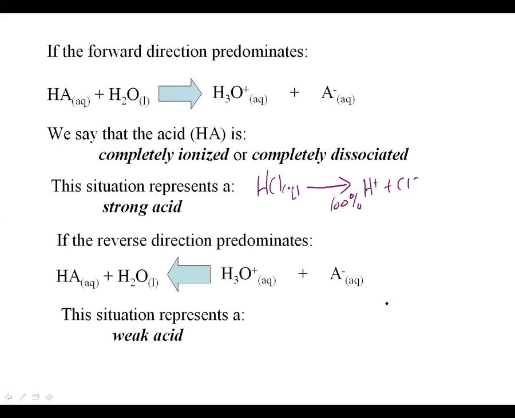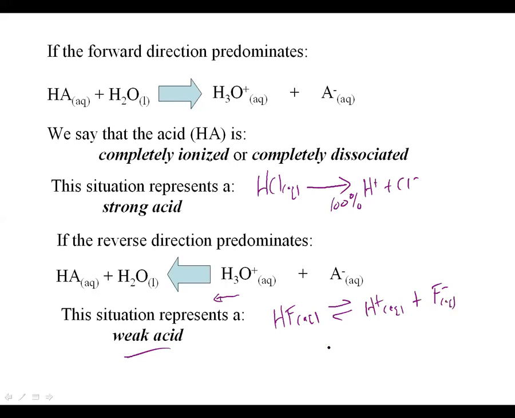And obviously, if the reverse reaction predominates, that means you have a weak acid like the ones we just saw on the previous page, like hydrofluoric acid, even though it is producing a little bit of those ions, the H plus and the F minus in this case.